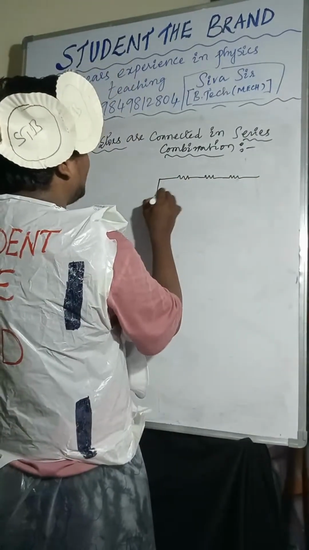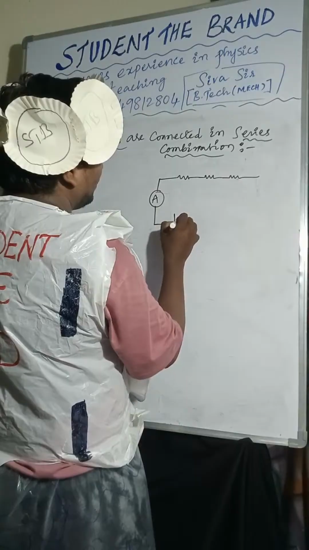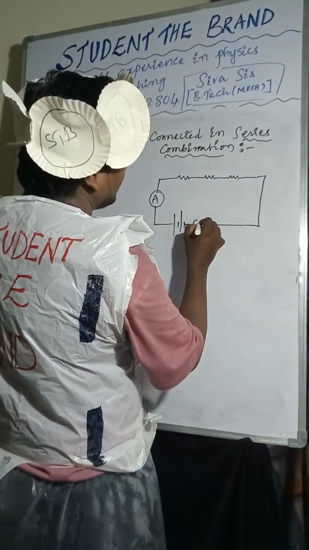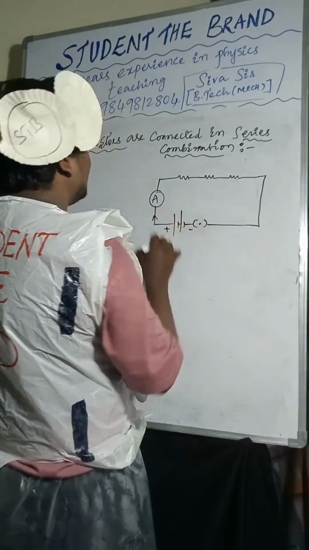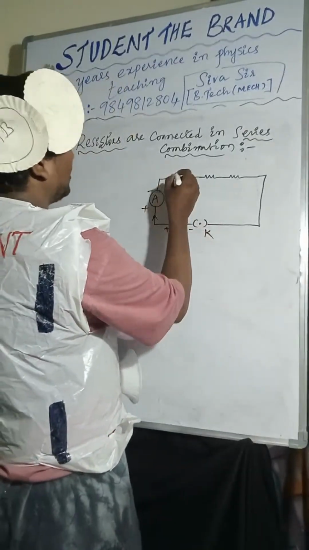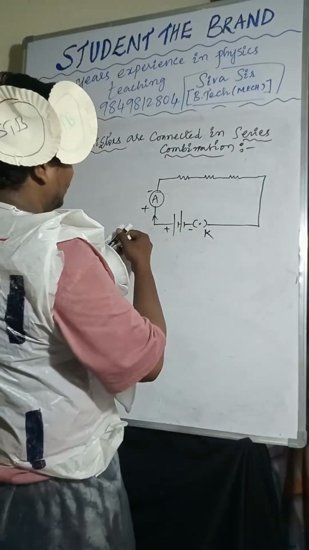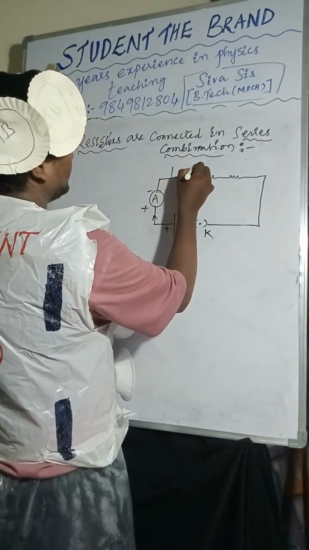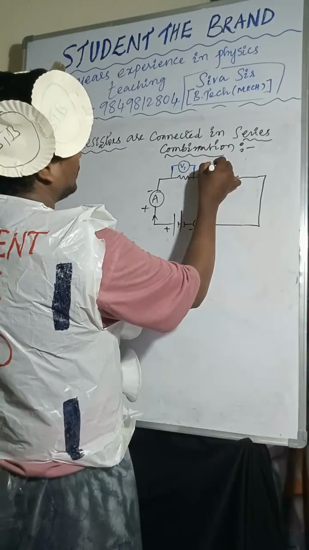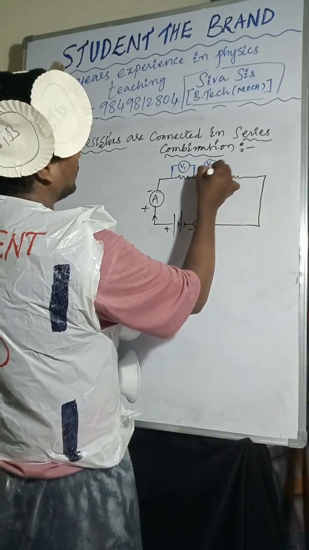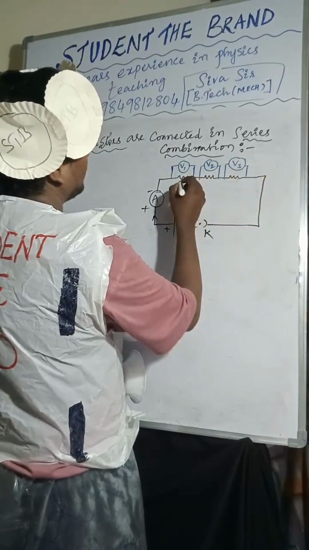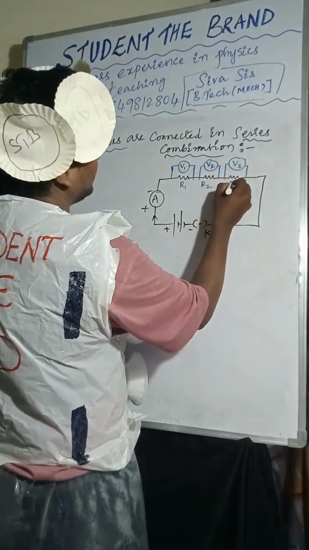I'm taking an ammeter, a battery, and a switch, with the positive terminal and negative terminal, and current is passing. Across this we have to connect a voltmeter. The resistors are R1, R2, R3.